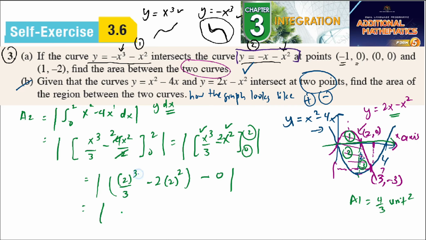So 2 to the power of 3 is 8 over 3 minus 2 times 4 is 8. Right, so minus 0 is just that one. So here we get negative 16 over 3. So here you get 16 over 3 unit square. So area 2 is actually 16 over 3 unit square.